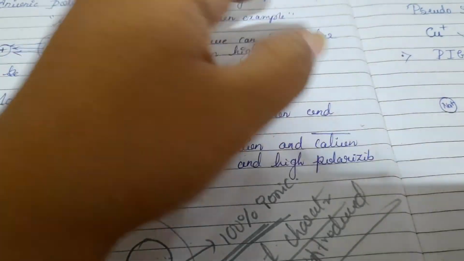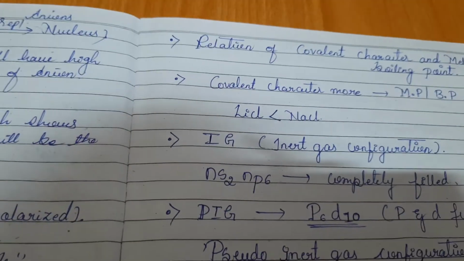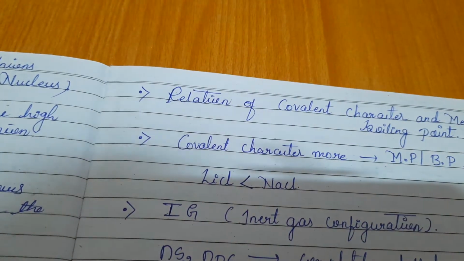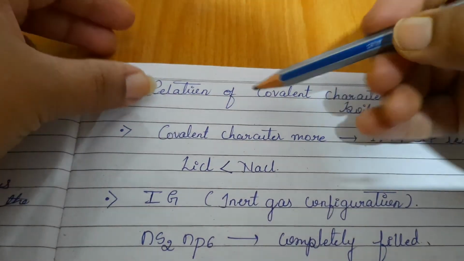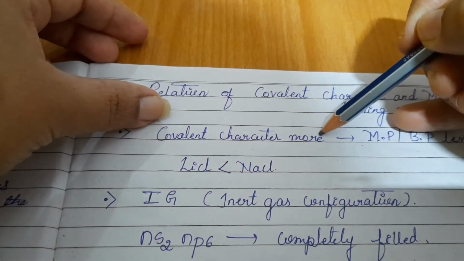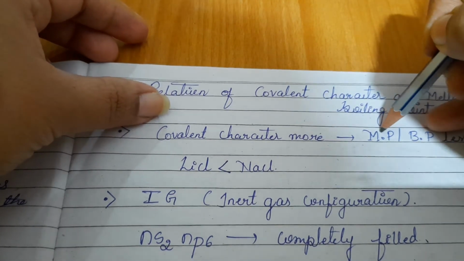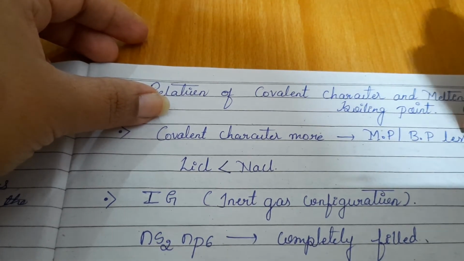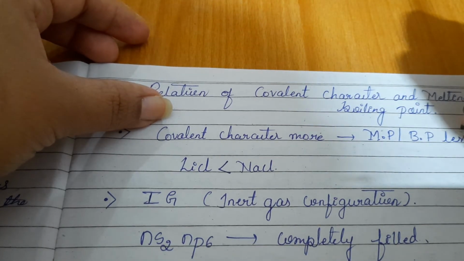Getting or no? Now, the relation of covalent character and boiling point. How are they related to each other? If you consider covalent character is more, we can say that the melting point and boiling point will become very less.